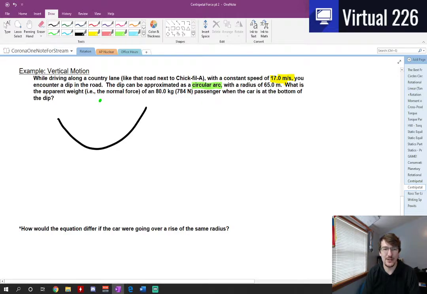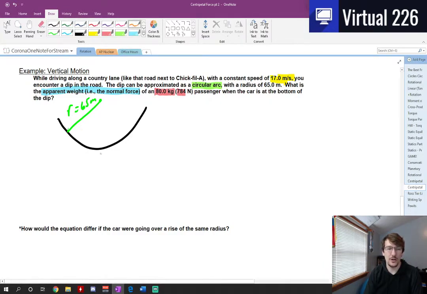We can imagine there's some center somewhere, and the arc has some radius of 65 meters. We would like to solve for the apparent weight, the normal force, of an individual that has a mass of 80 kilograms, so 784 newtons, when the car is at the bottom of the dip.